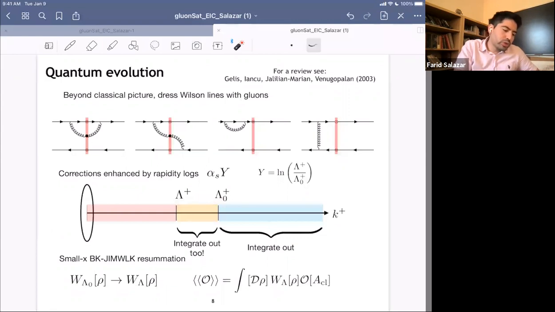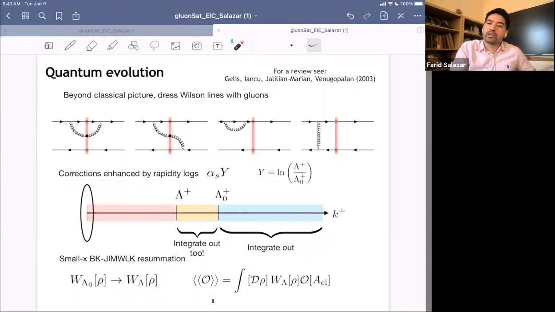What you have to do is integrate out these degrees of freedom, and you can show precisely that if you go to perturbation theory and calculate these logarithmically enhanced corrections, which are the so-called energy logs or rapidity logs, they can be re-expressed as an evolution in the weight functional describing the sources.